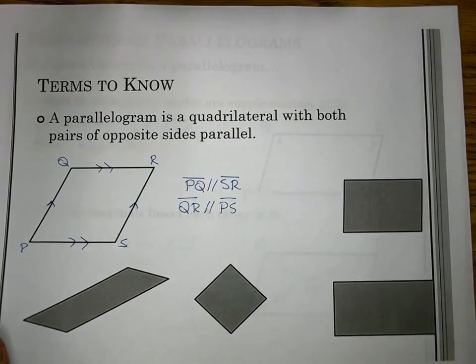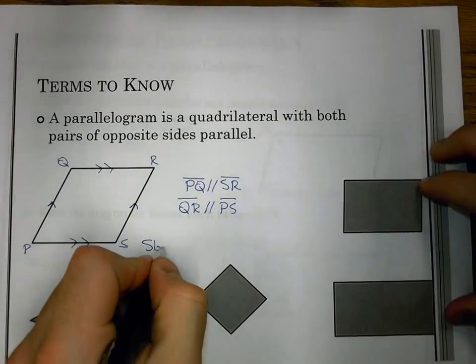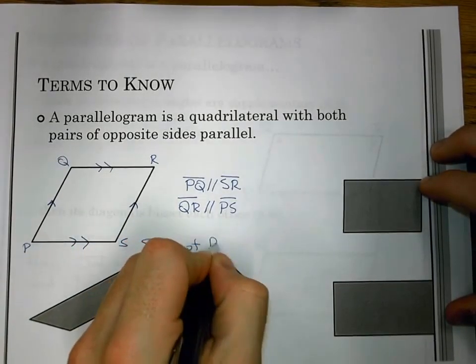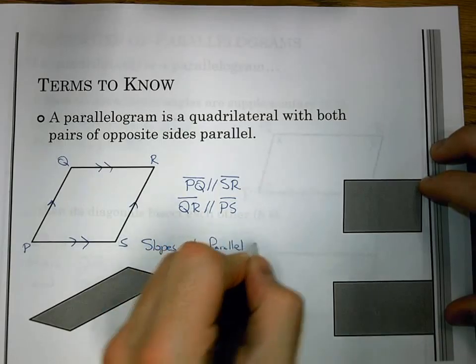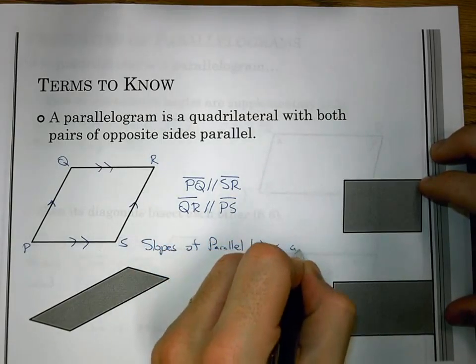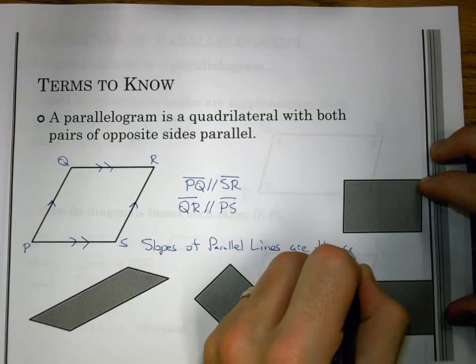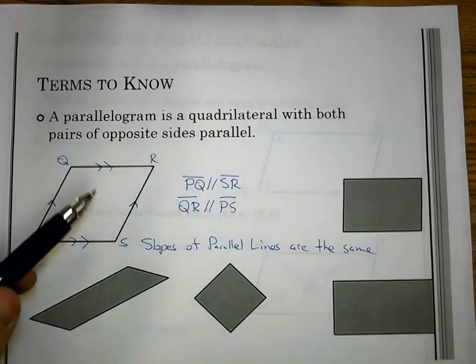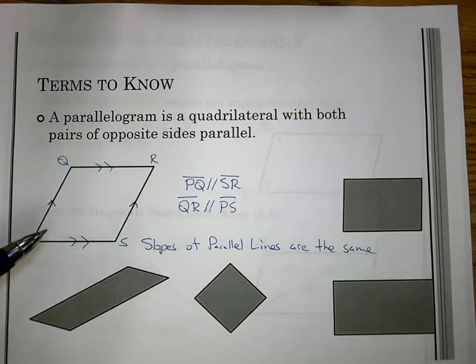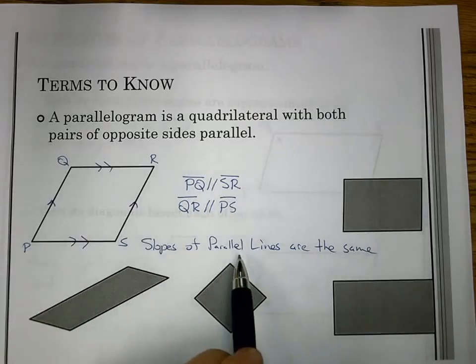With the opposite sides being parallel, maybe we need to be aware of the fact the slopes of parallel lines are the same. Because maybe we give this shape on a graph or a grid, we have to plot the points, and if we have to show it's parallel, we could check the slopes to find them that way.